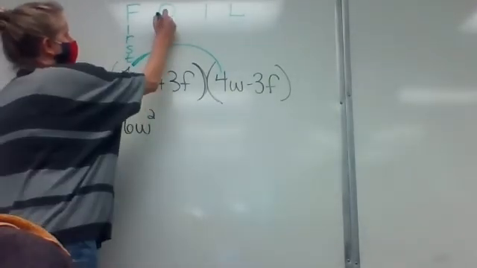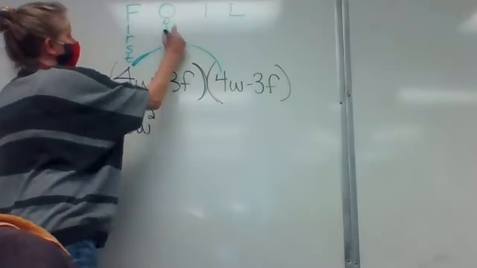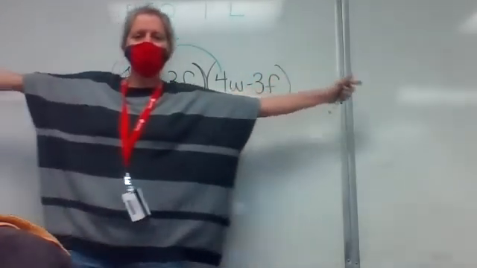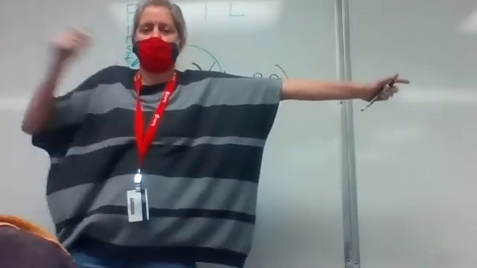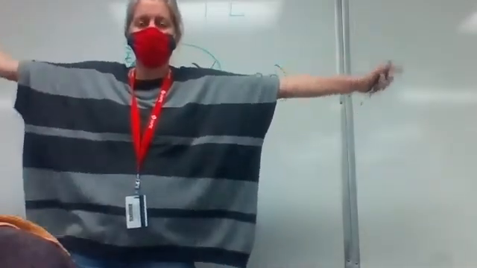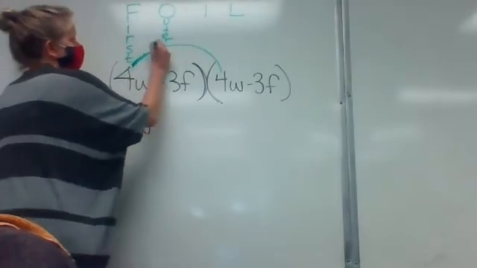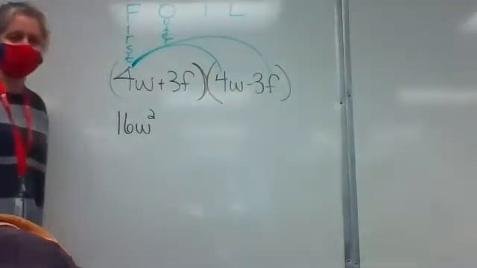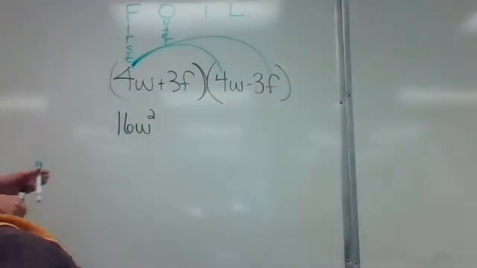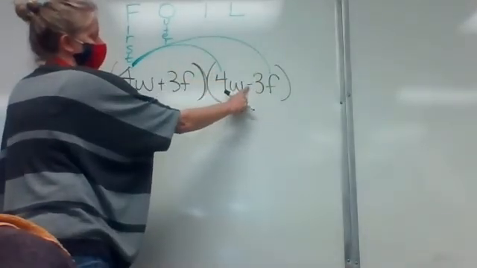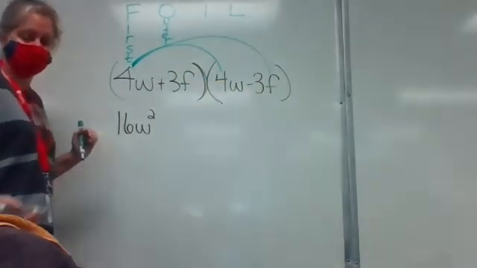the O stands for outer. What the outer is saying is the farthest most outside terms of the problem, which means this one times all the way on the other outside that one. So that's what you're multiplying next. 4w times negative 3f.